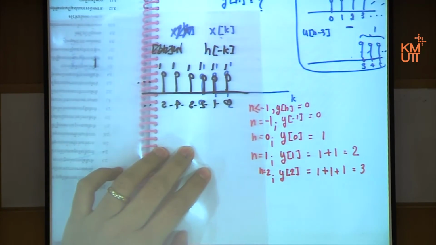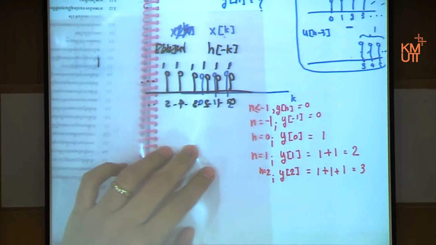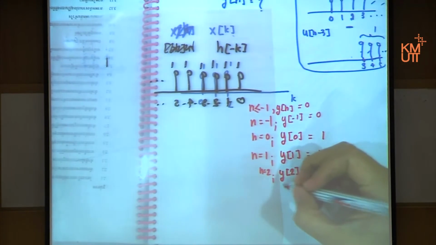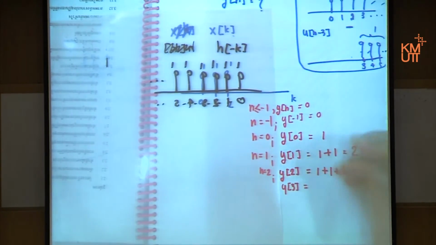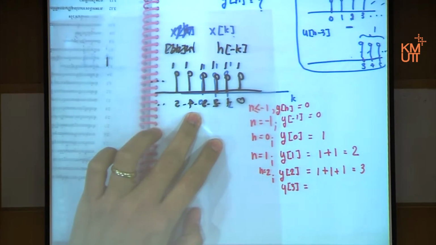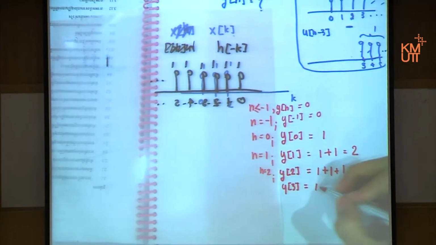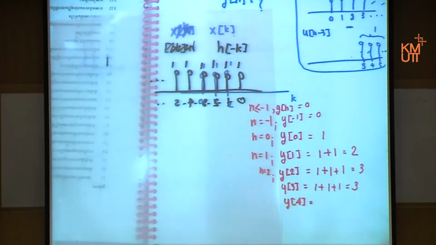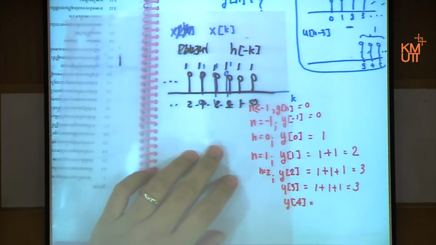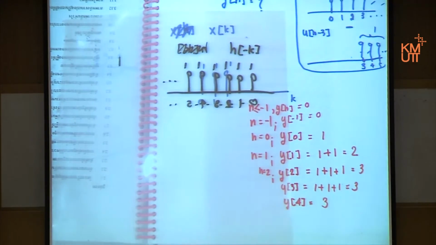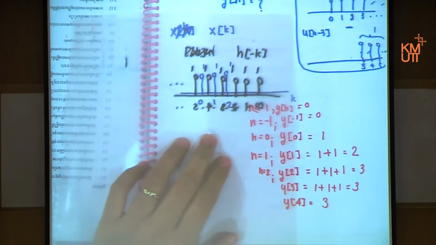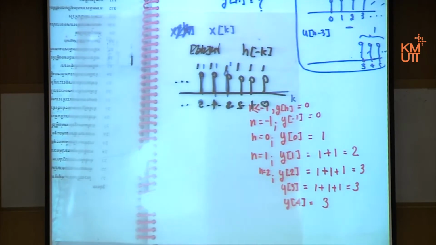If you continue moving the black one you get y[3]. When n equal to 3 you have 3 overlappings, 1 plus 1 plus 1, it is 3. When n equal to 4 you move another step, you still get 3, 1 plus 1 plus 1. It will keep overlapping 3 all the time. Remember that the black one has a long tail, it doesn't stop at just this stem.